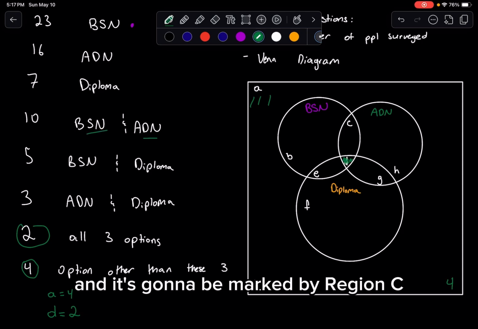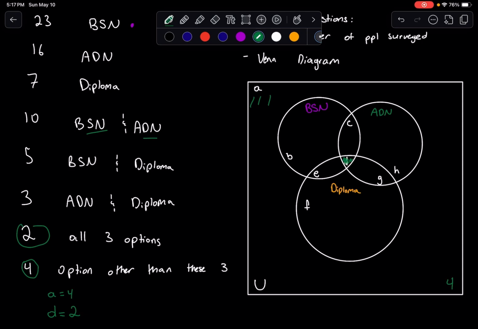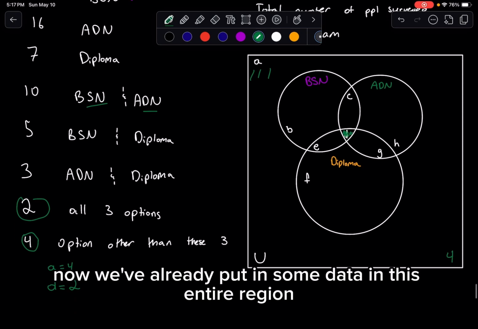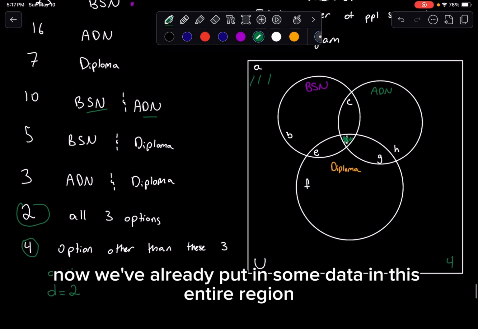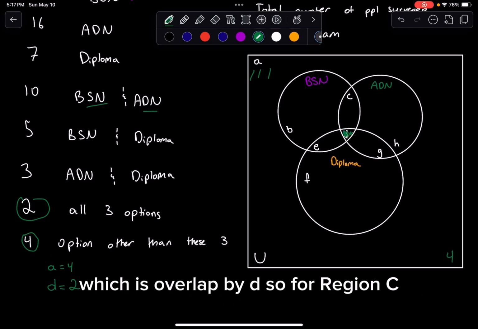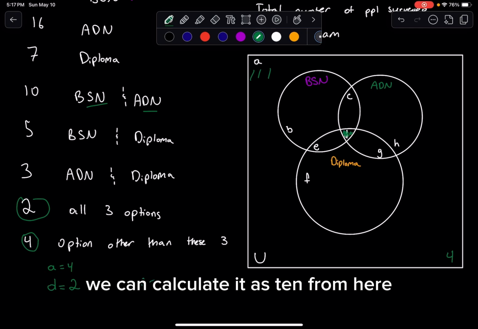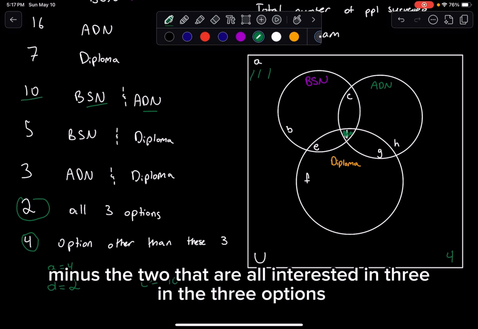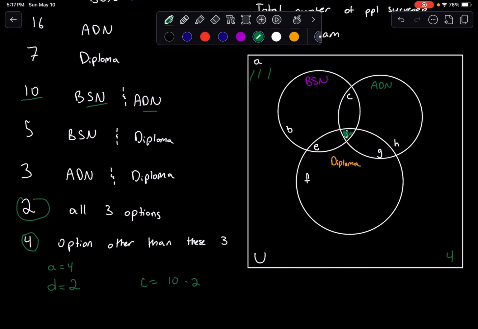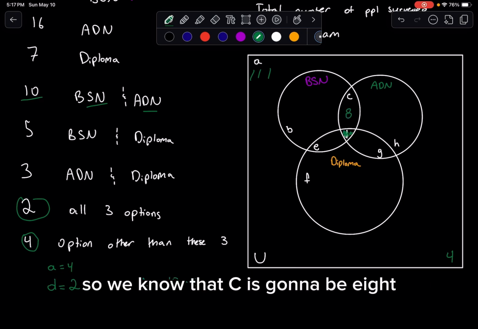And it's going to be marked by region C. Now, we've already put in some data in this entire region, which is overlapped by D. So for region C, we can calculate it as 10 minus the 2 that are all interested in the 3 options. So we know that C is going to be 8.